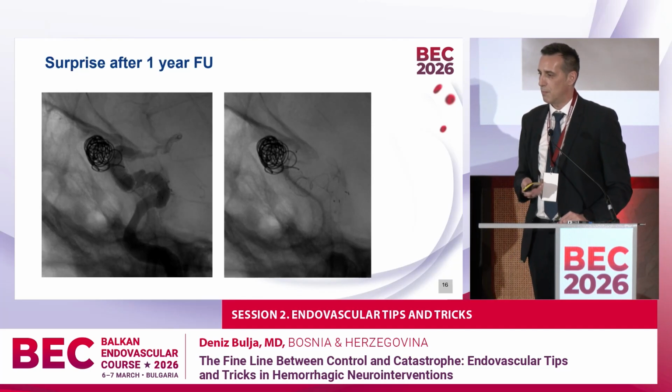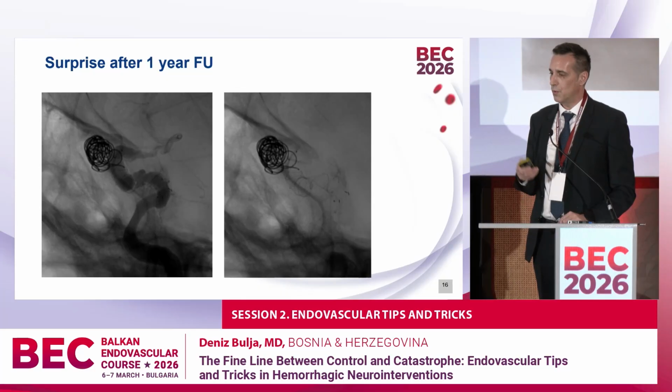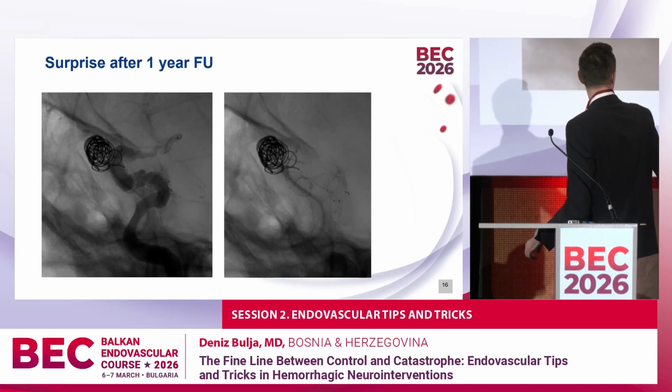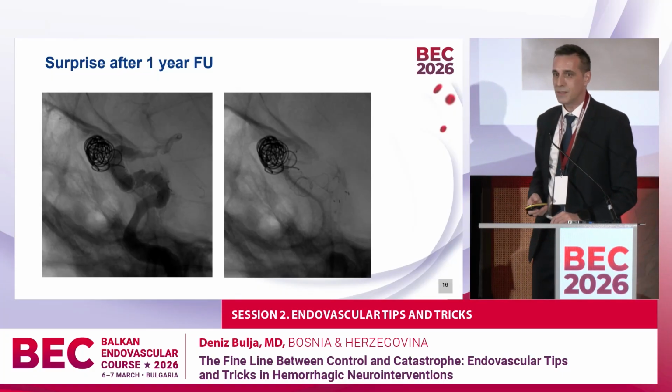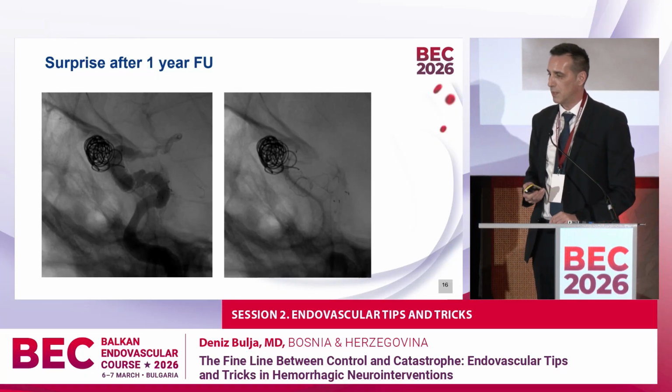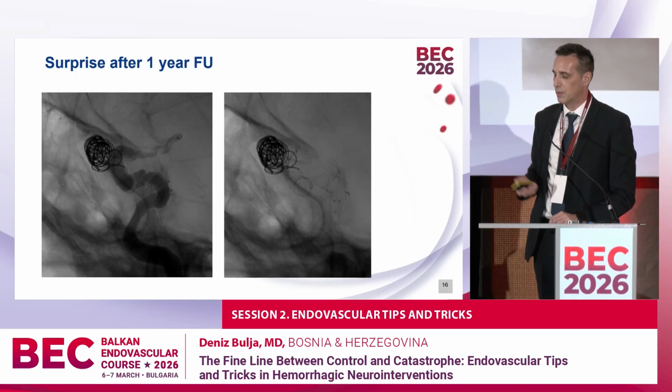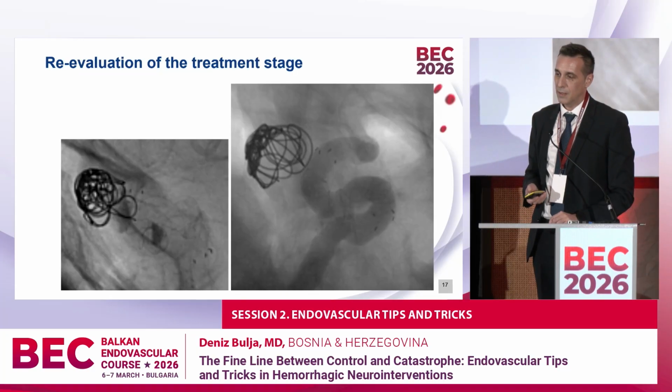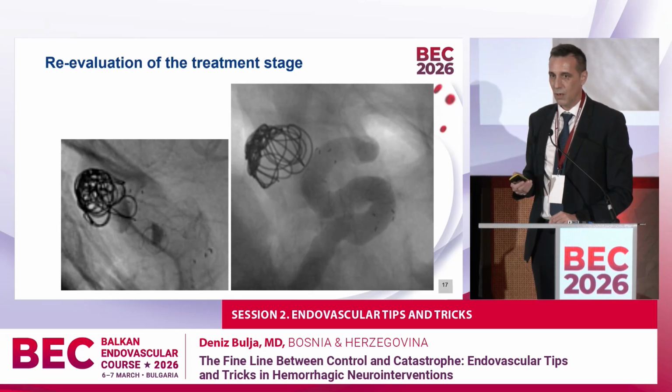So what happened actually, if you look into the struts of the stent, you can see in the proximal part there is a mild twist of the stent. It altered hemodynamics through the stent, and the result was this. And it was actually obvious during the treatment.